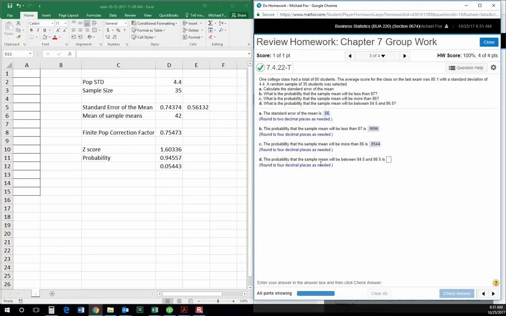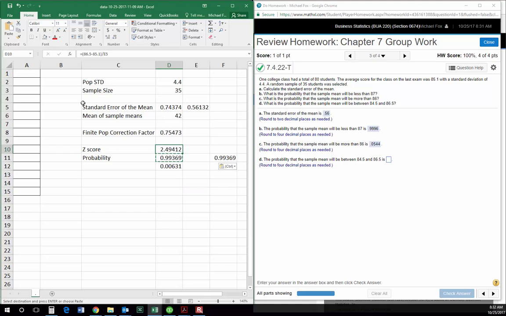Finally, the probability that the sample mean will be between 84.5 and 86.5. So again, we take the upper limit, 86.5. There's our probability that it is to the left of the upper limit. I'm going to copy that, paste it here as a value.